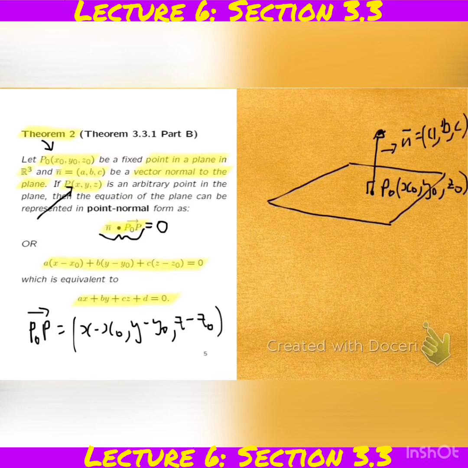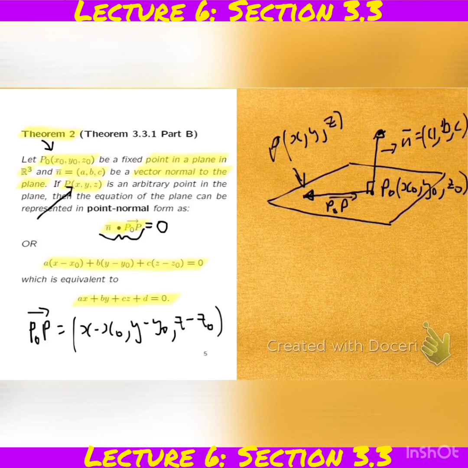Now you want to look at points there. You want to be able to pick any arbitrary point there. Call that point P. And you want to look at the vector that lies on that plane, and that is the vector P0P.